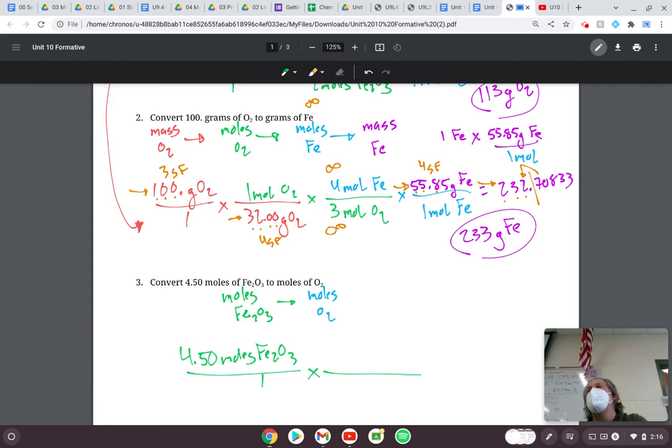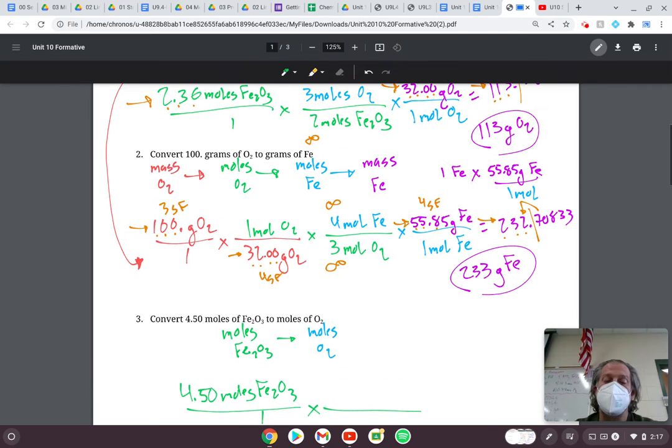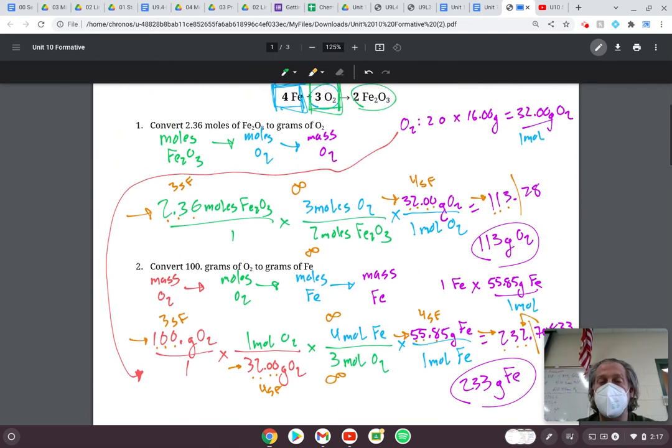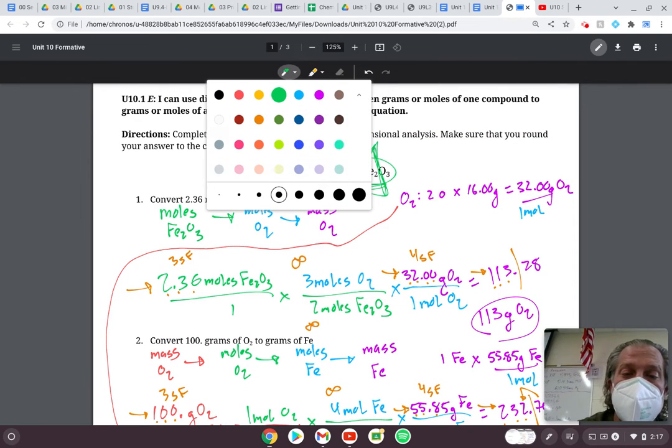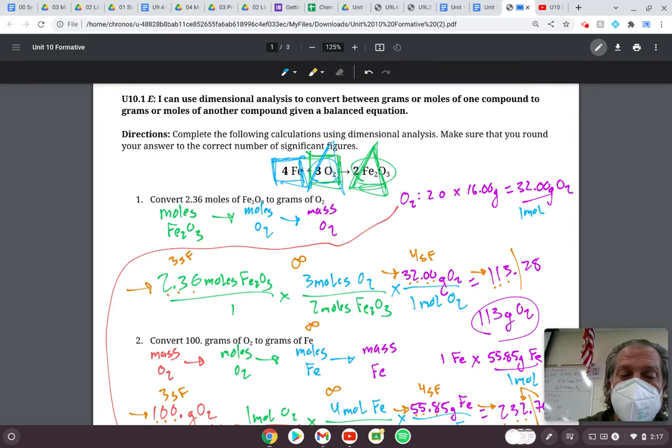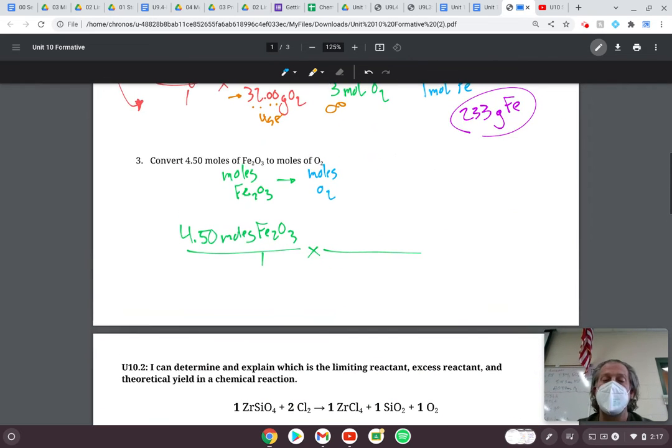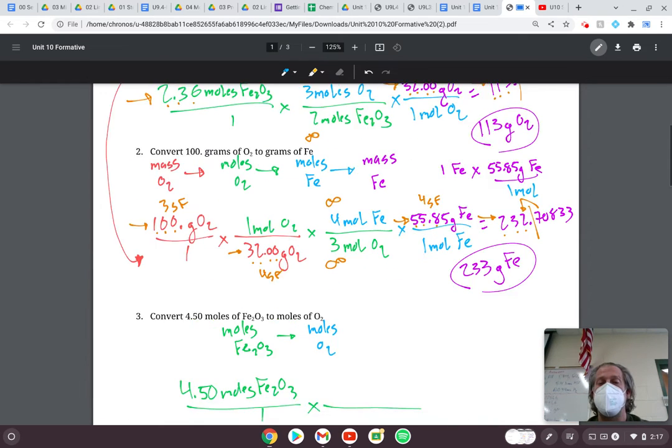And when we go mole to mole, we need to use the mole ratio. So here we're comparing Fe2O3 to O2. So it's a 2 to 3 ratio, right? So I'm going to set this up so my Fe2O3 cancels out.